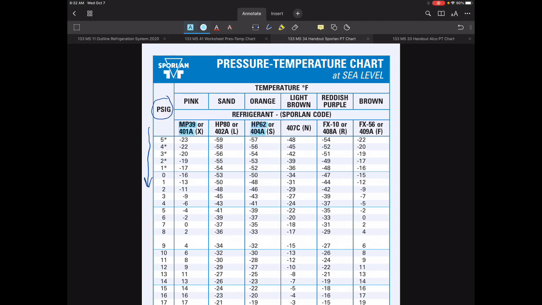HP62 is 404A. What happens with these refrigerants is you'll get a manufacturer, such as DuPont, or it could be Chemours, or some other company that makes a specific refrigerant. They will brand it by giving it a number other than the ASHRAE designation, R401A as an example.